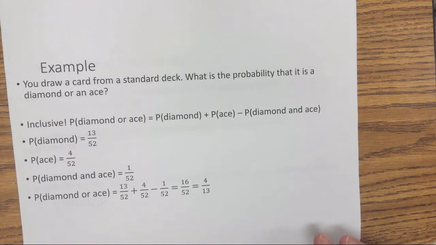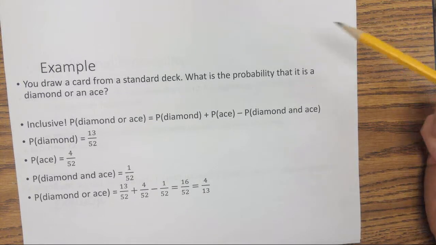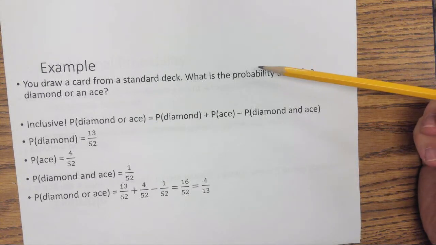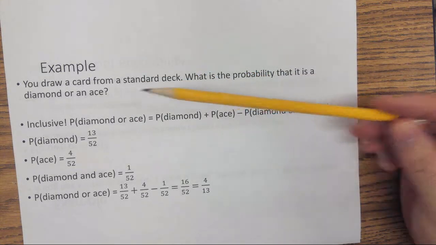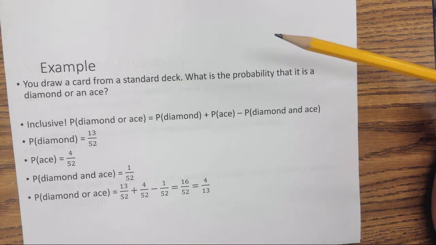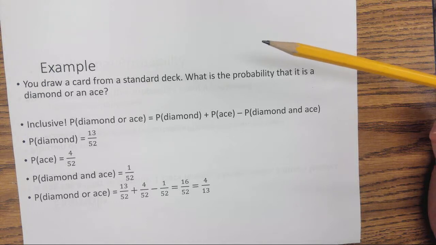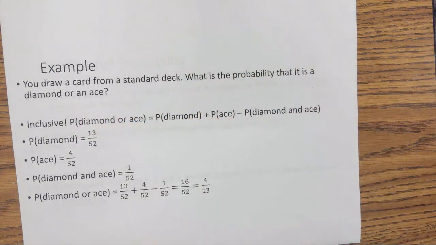So let's look at an example. Say you draw a card from a standard deck. What is the probability that it is a diamond or an ace? This is a mutually inclusive probability because, why?